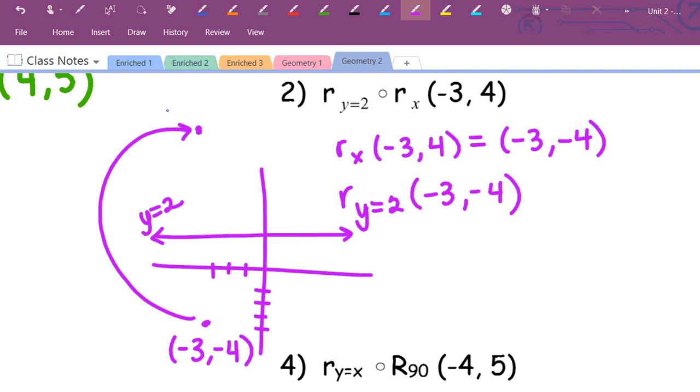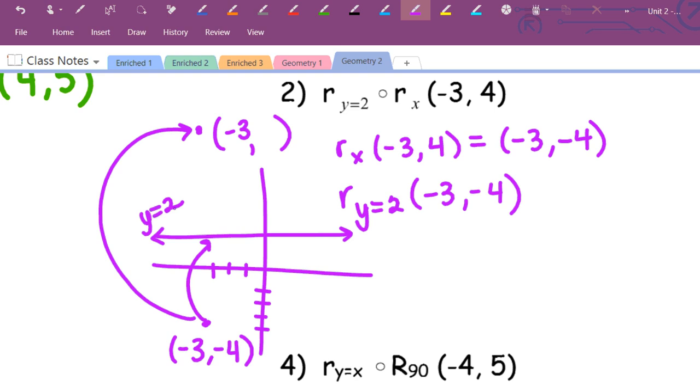Which half of that ordered pair should you automatically know? You know the x or the y on this point right away. The x, yeah, the x is still going to be -3. So how far was it to go from -3, -4 up to the line y equals 2? How many spots was that?